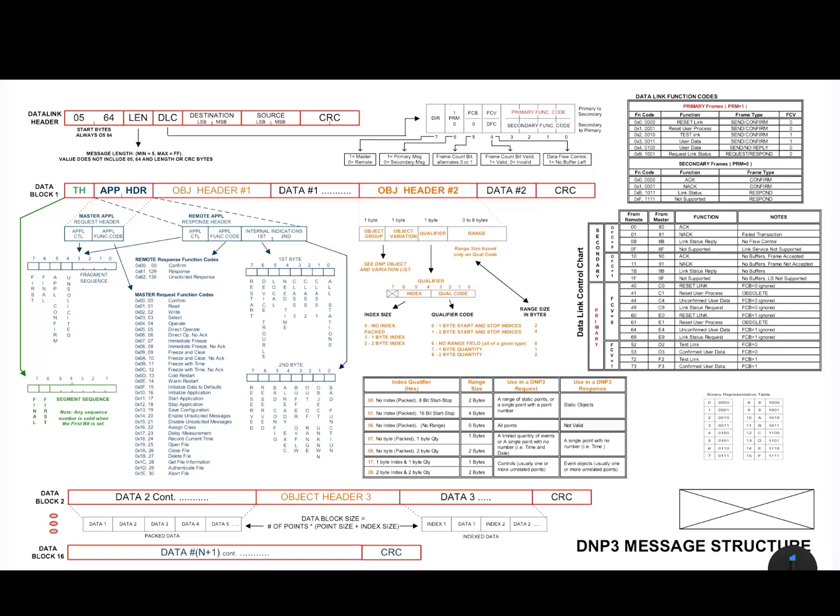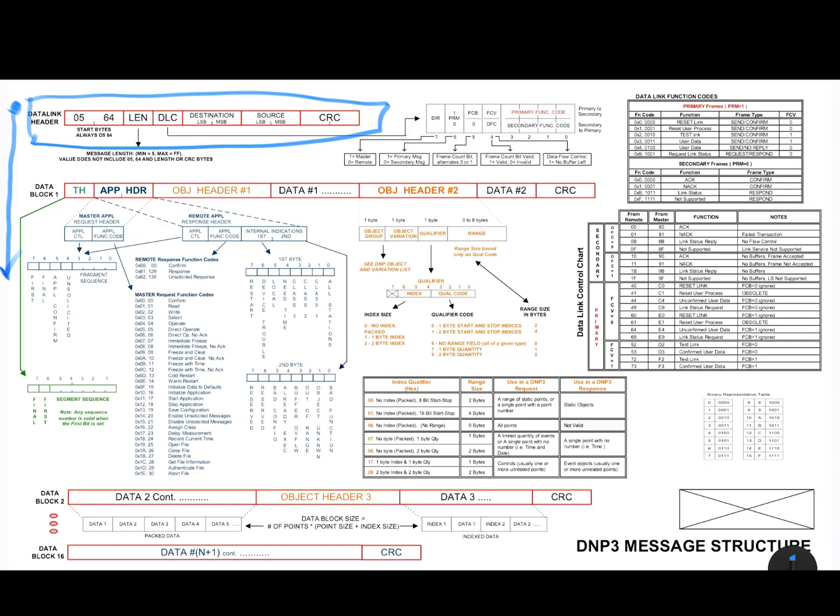So you would start at this point and work your way down the stack till you've interpreted the whole message, whether it be a request or a response. And of course that means it starts up here with the 10 byte data link header.